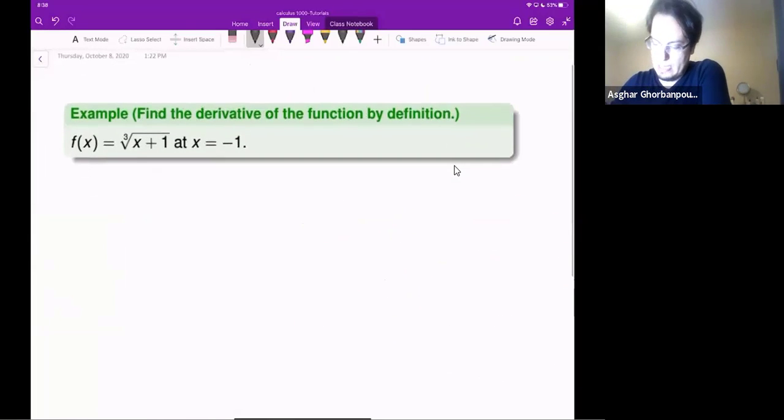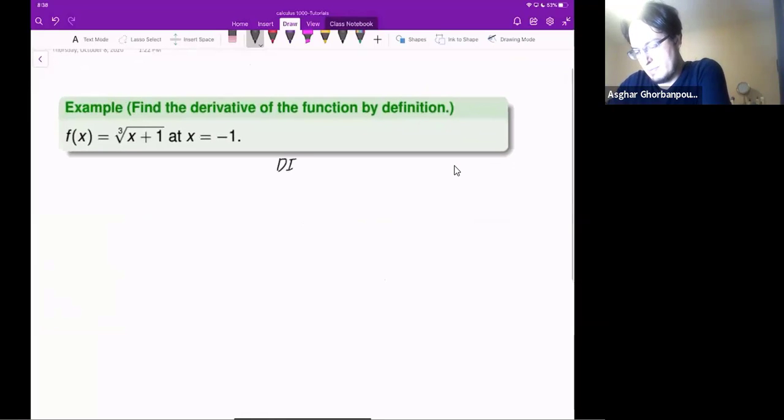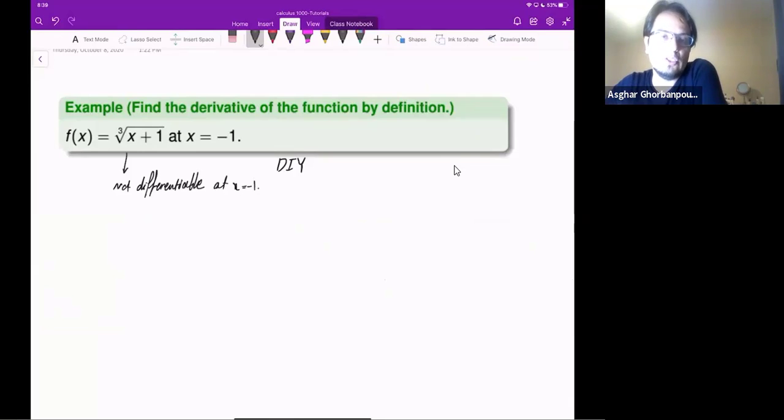So, okay, we have another example. I will leave this example for you to complete. And let me tell you, the answer for this one is that it is not differentiable at x equal to negative. It's very interesting to do it yourself.